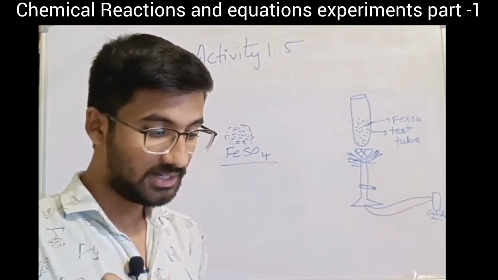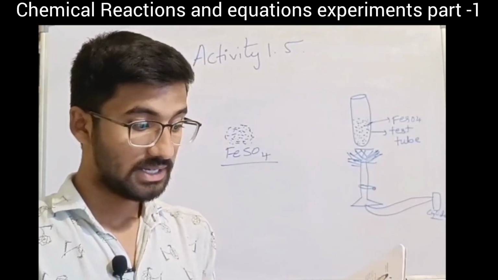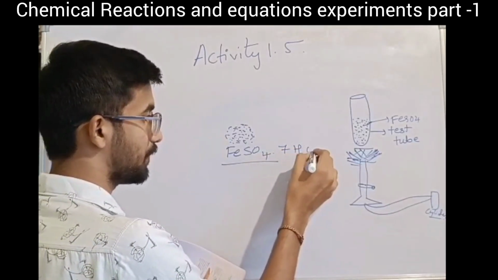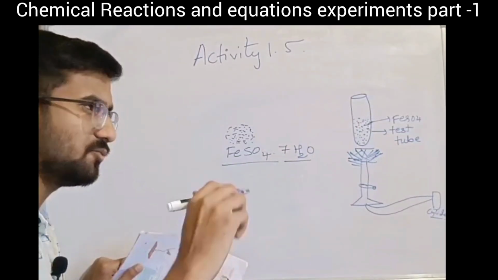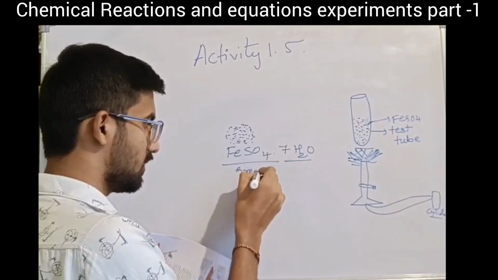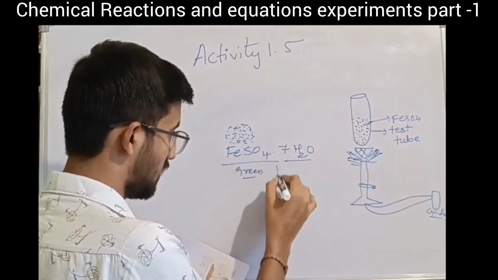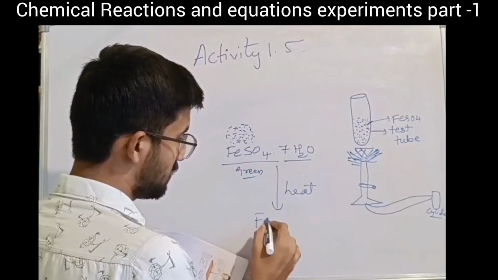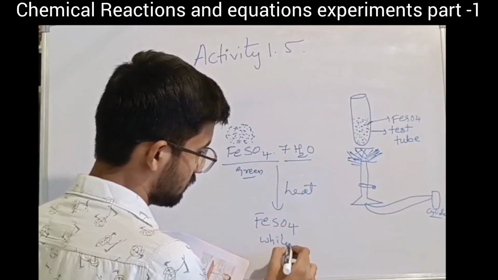See, what they're telling is that the ferrous sulfate crystals, FeSO4·7H2O as I told you, are somewhat light green in color. When we heat these ferrous sulfate crystals, it becomes FeSO4, which is white.